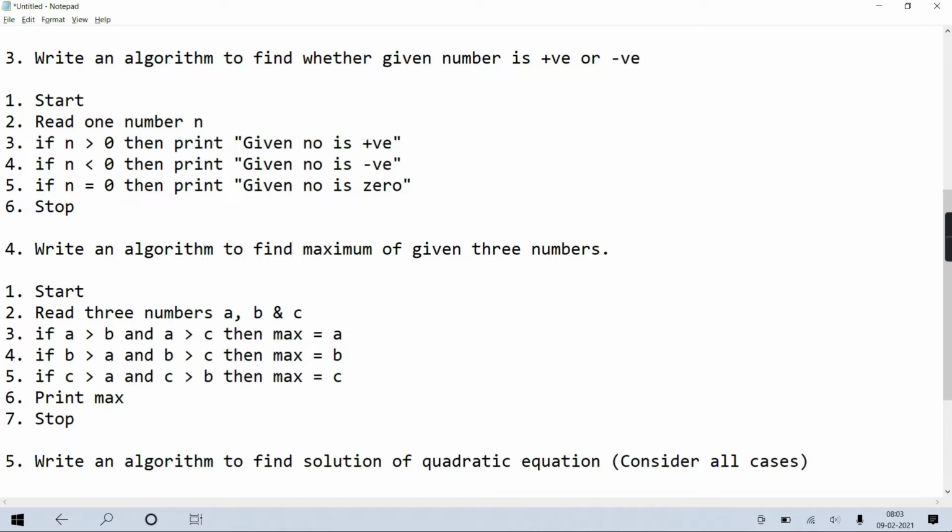All cases means what? All the possibilities, whatever situations come up in finding the roots of a quadratic equation. So write an algorithm to find the solution of a quadratic equation, and we have to consider all cases.